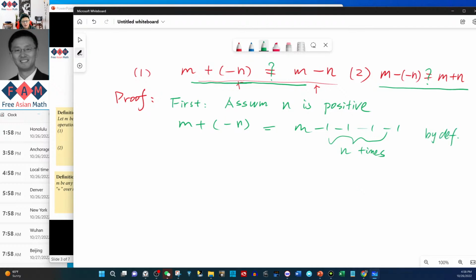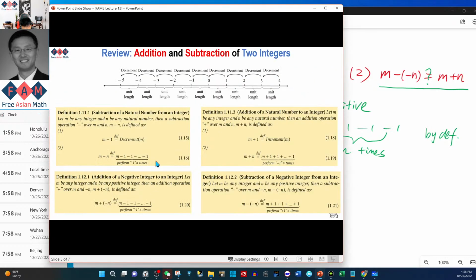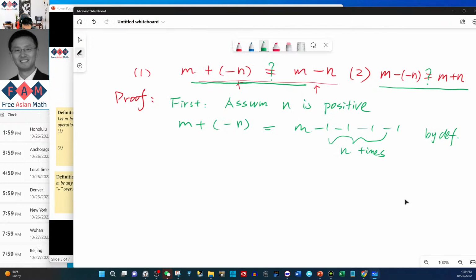By definition. But look, this definition is essentially the same as definition 1.11.1. And what is that? This is exactly the same as what we had in equation 1.16, right? So this is just by definition n minus n, where n is a positive integer.